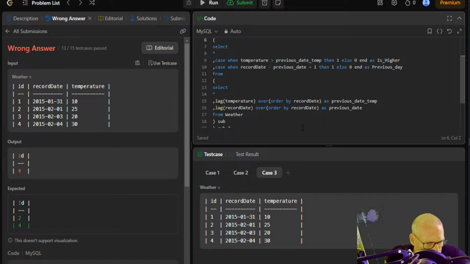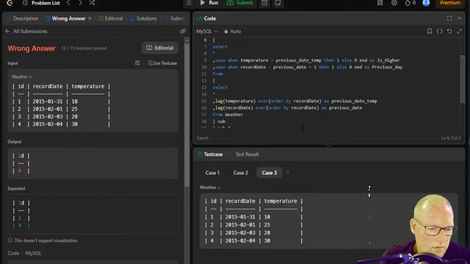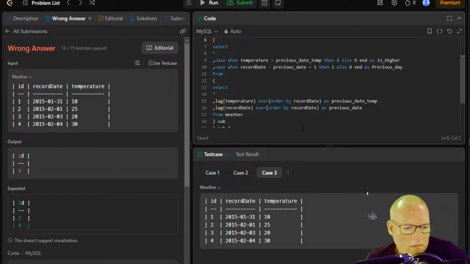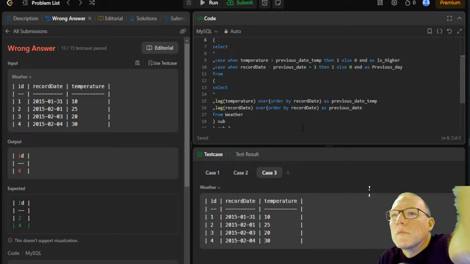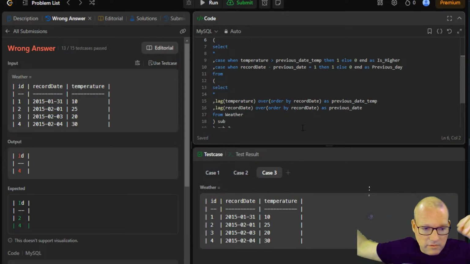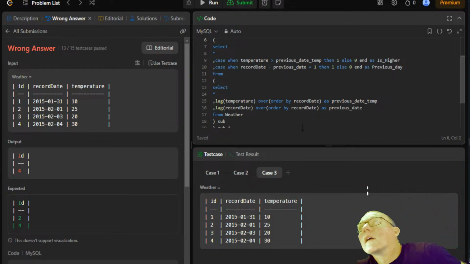Bring this back over here. Where's that light coming from? Is it really still shining through?